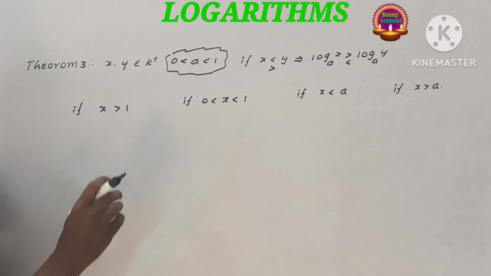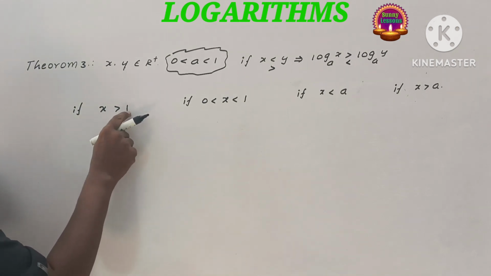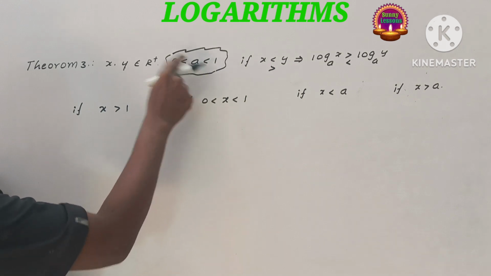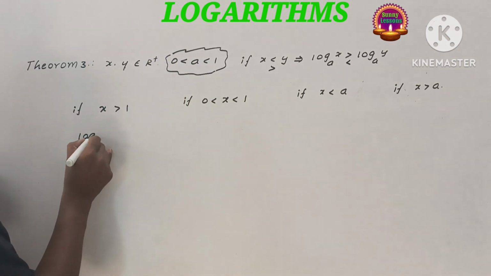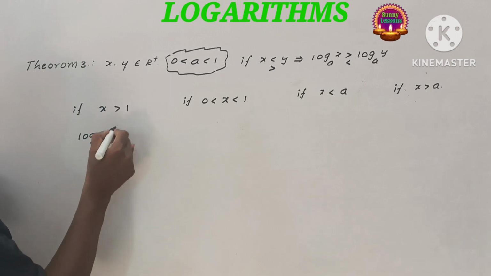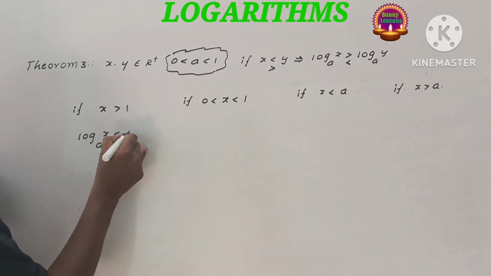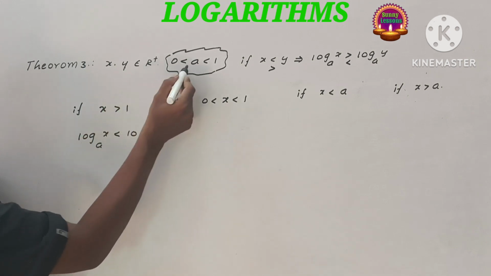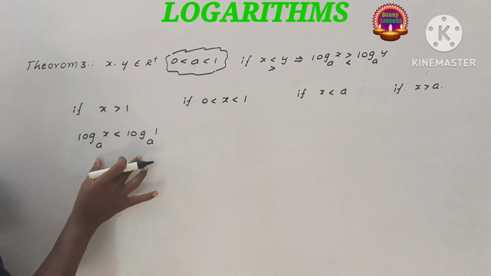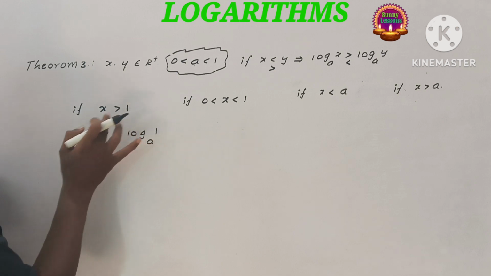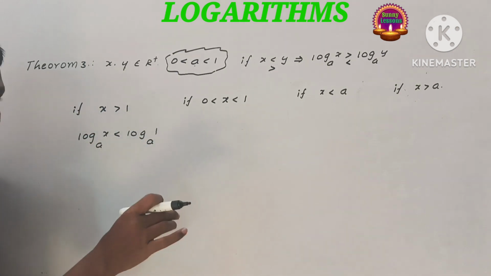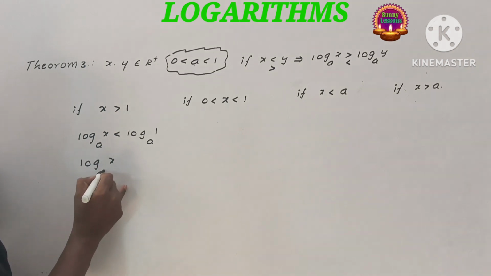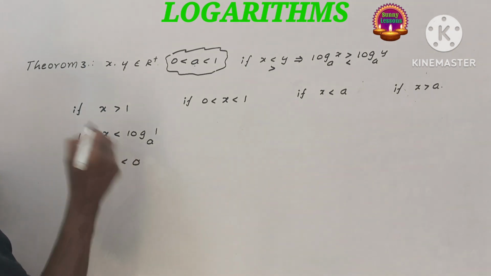Now we observe some conditions. If x is greater than 1, in the case where a lies between 0 and 1, then log x base a is less than log 1 base a. Why? Because here a lies between 0 and 1. So log x base a is less than 0.